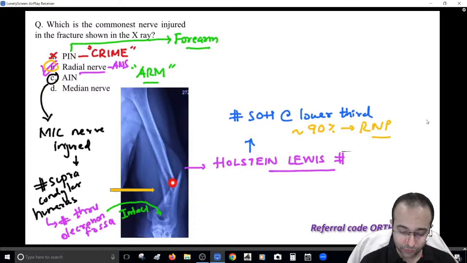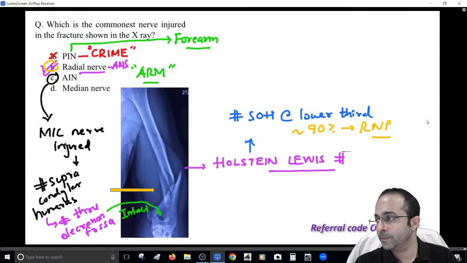Had this fracture been traveling through this olecranon fossa area, it would have been supracondylar humerus, and then the answer would have been anterior interosseous nerve. But since this is a fracture in the lower third of the humerus, it's the radial nerve that is injured. Clear? Clear with that? Okay.